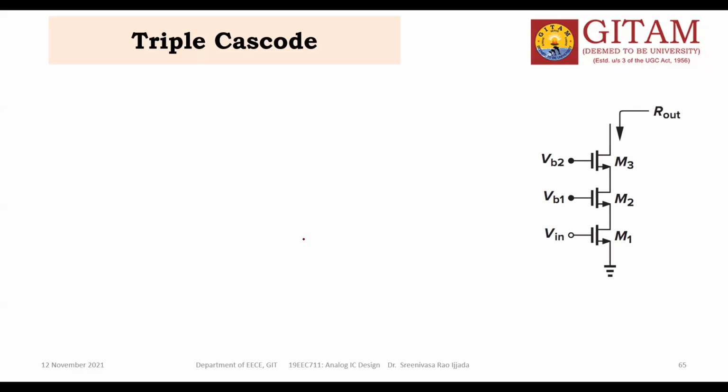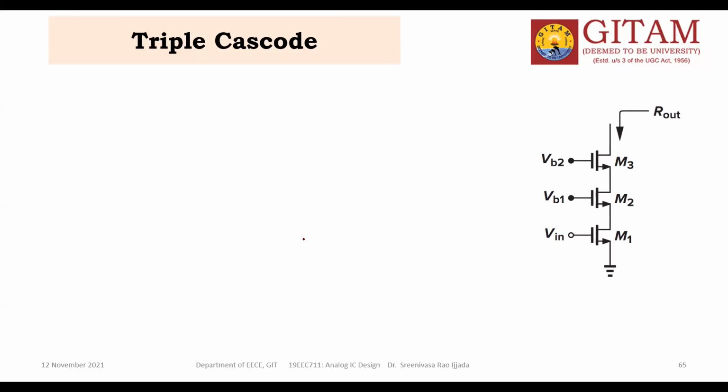The reason to increase the number of transistors in the cascode is to improve the output impedance. Generally the output impedance of a MOS transistor is low, because the output junction between the drain and source is forward biased.